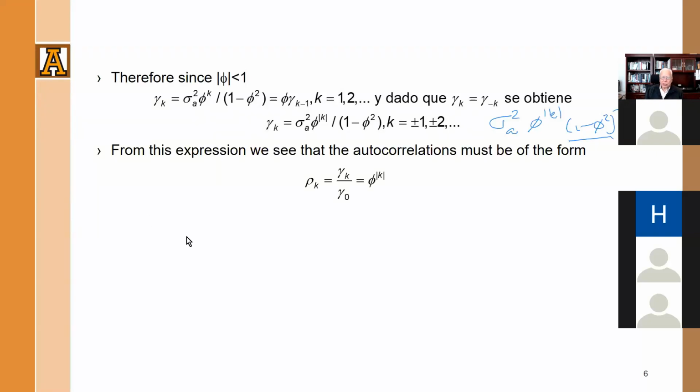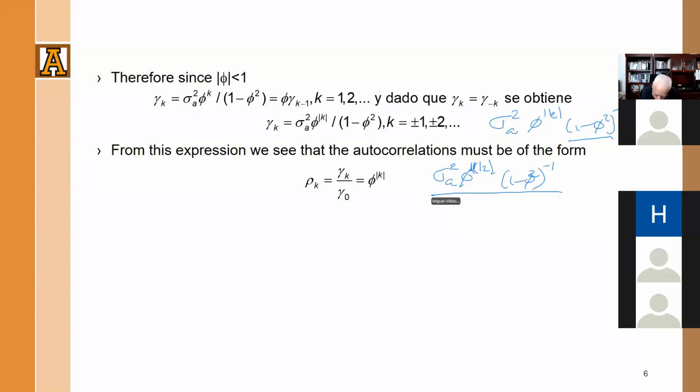So the autocorrelations, when we take the covariance and divide it by the variance, end up being only phi to the k. I'm taking the covariance of lag k, which is sigma squared sub a times phi to the absolute value of k, times (1 minus phi squared) to the minus 1.